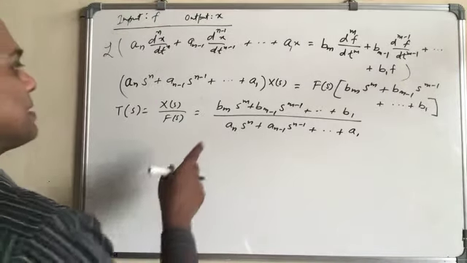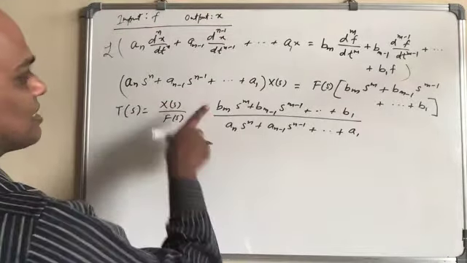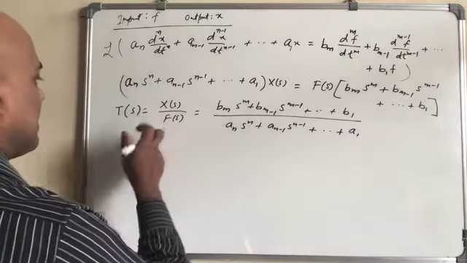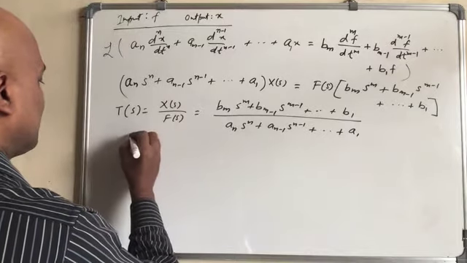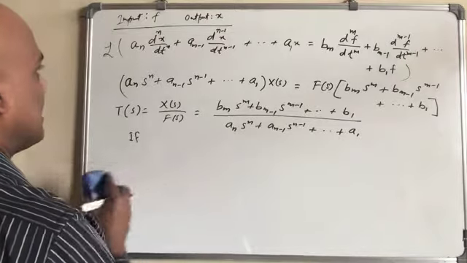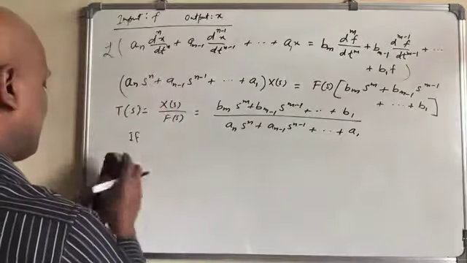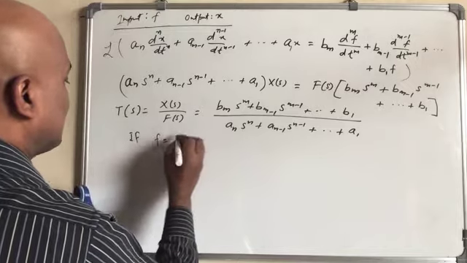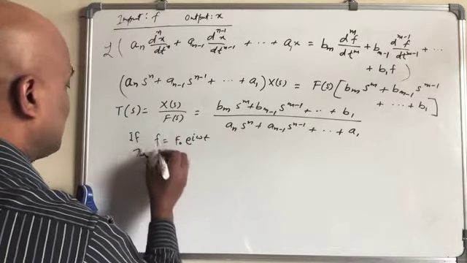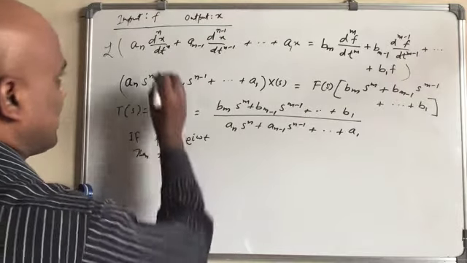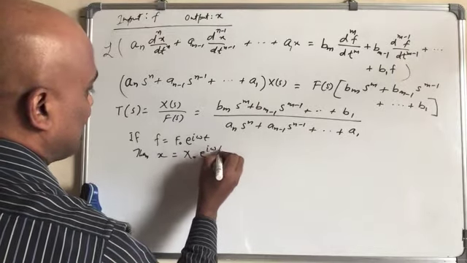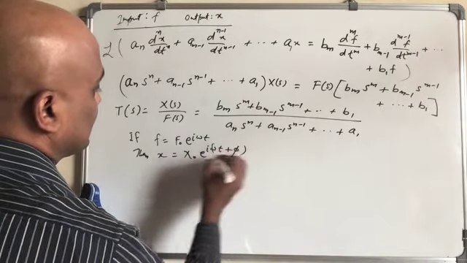Yeah, and the same kind of analysis we can do. If x(t), what is the input? If f equal to f_0 e^{iωt}, then the solution of this differential equation will be x equal to x_0 e^{i(ωt+φ)}.